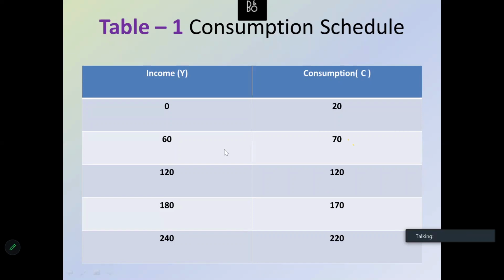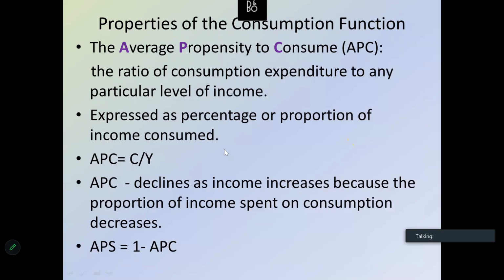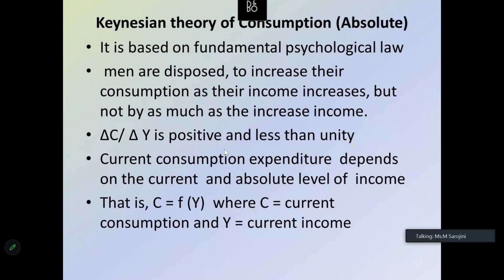Here, the change in consumption divided by the change in income, delta C over delta Y, is positive. That is the MPC, or b, and it is less than unity.